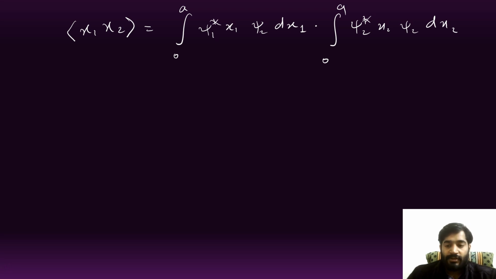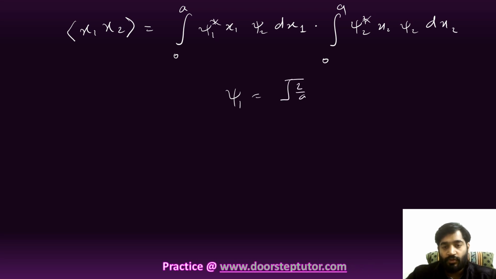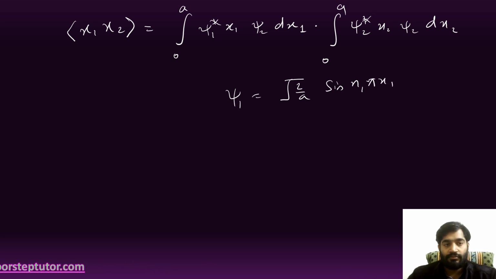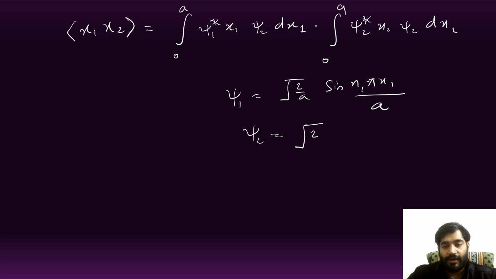Now we have psi1 and psi2 as we already saw. Psi1 is root 2 by a sine n1 pi x1 over a, and similarly you have psi2 also, root 2 by a sine n2 pi x2 by a.